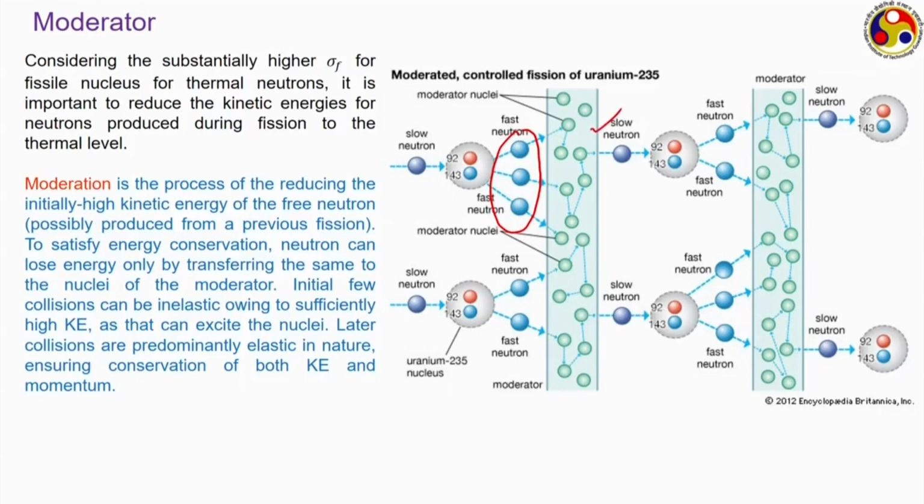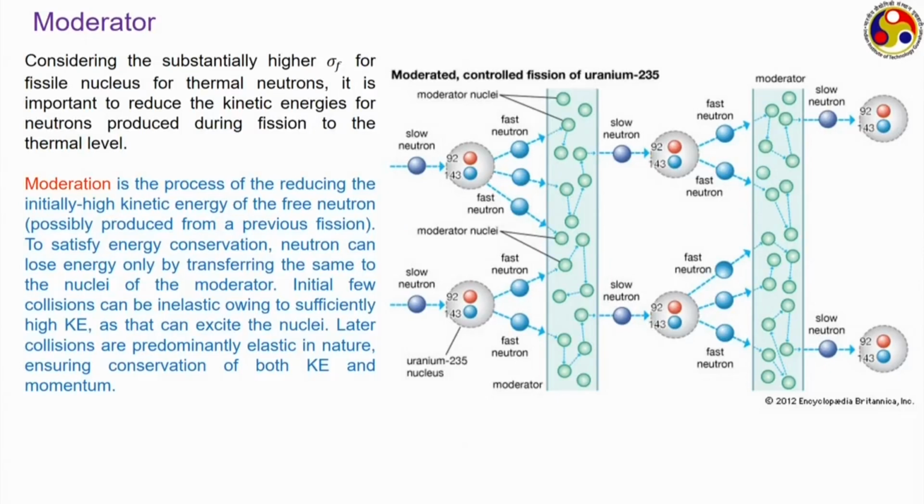This slow neutron of course will offer a much larger fission cross section, so that will lead to another fission reaction. This way a moderator helps in fission reaction, because if this fast neutron is allowed to strike another nucleus, the corresponding cross section being very low, there is very little chance of having a fission reaction. But as we are using the moderator, the slow neutrons will offer a continued rate of fission.